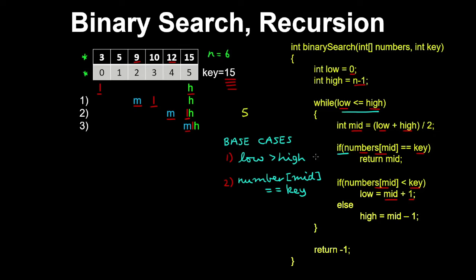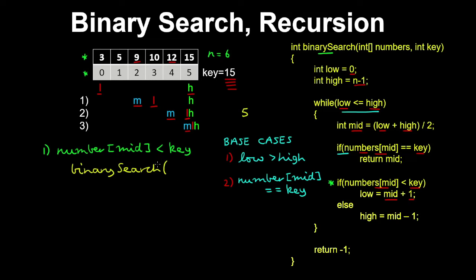And now we need to determine the recursive calls that need to be made. And one of those is if the number at the middle index is less than the key, then we call our recursive method, being binary search.